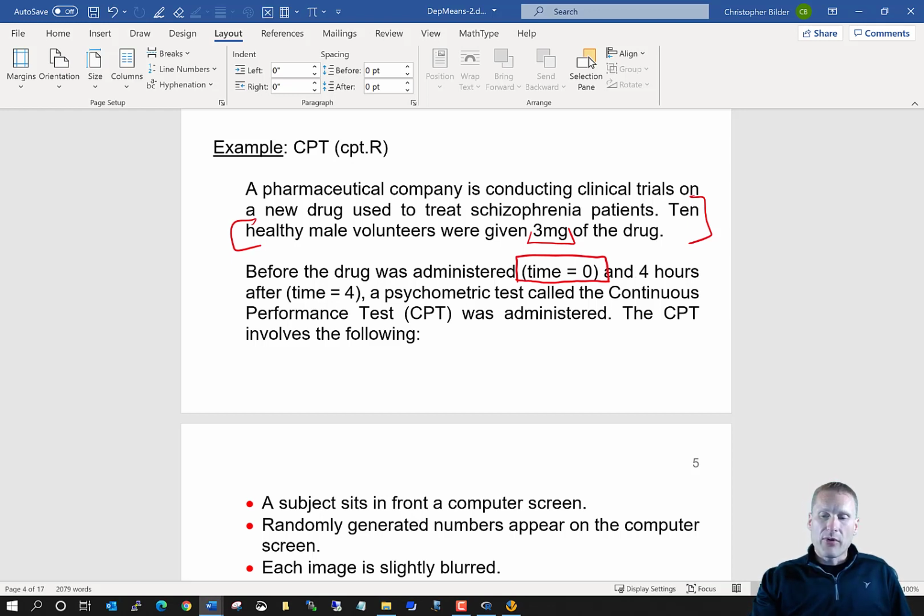And then 4 hours after that person was administered the drug, this test, in case I didn't say this before, it's a psychometric test, was administered to the people as well. And this is what the test involved.